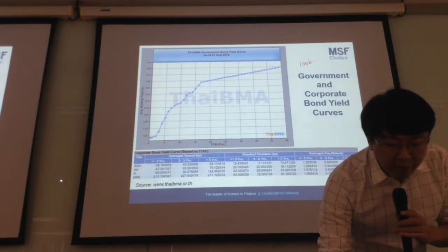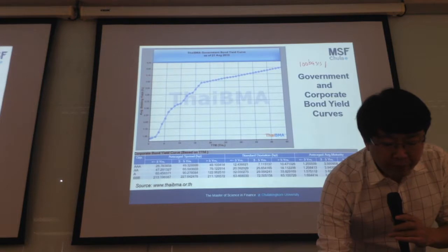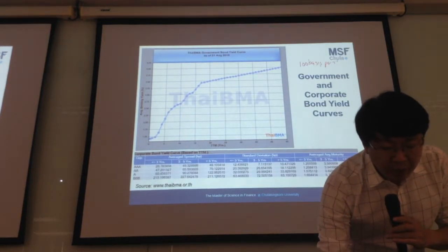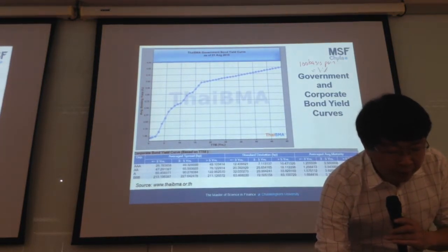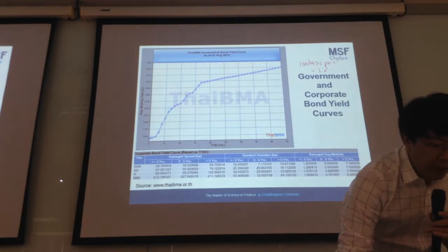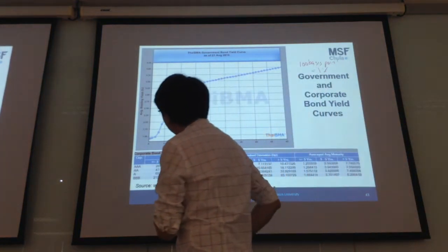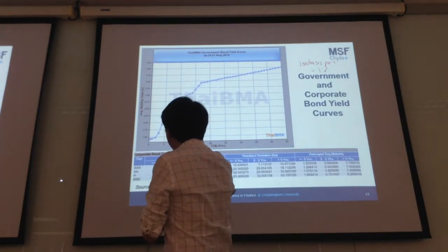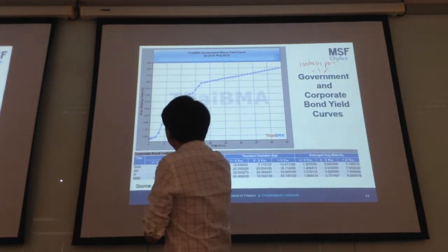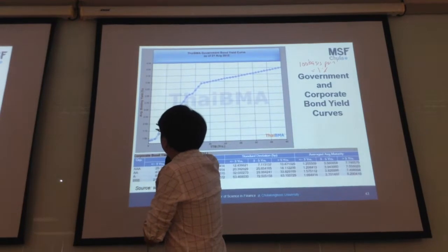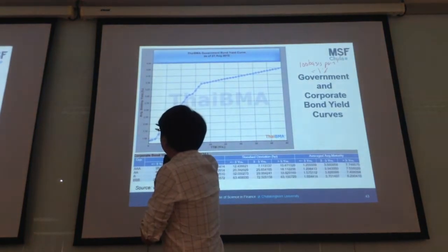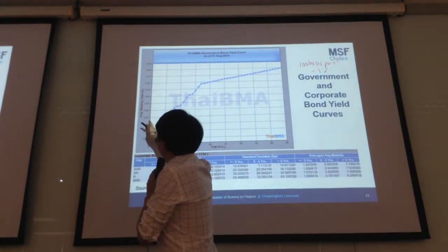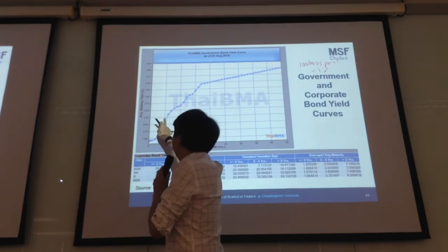100 BP, or basis points, equal to 1%. So in this case, let me use this one. Suppose the 5 year government bond has a yield of around 2.1%.